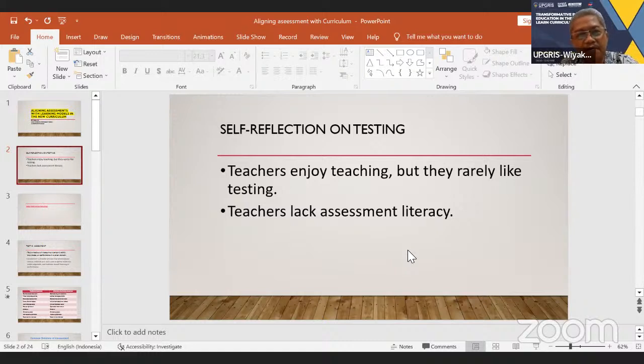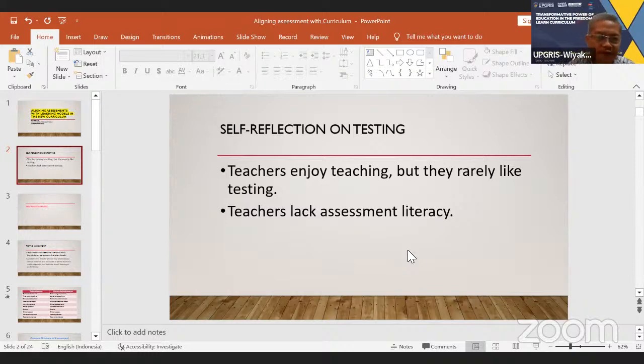Why is it so? It's because probably teachers are lazy to know more about assessment literacy. Teachers will not be interested in knowing more about the kinds of assessment different from the traditional one.